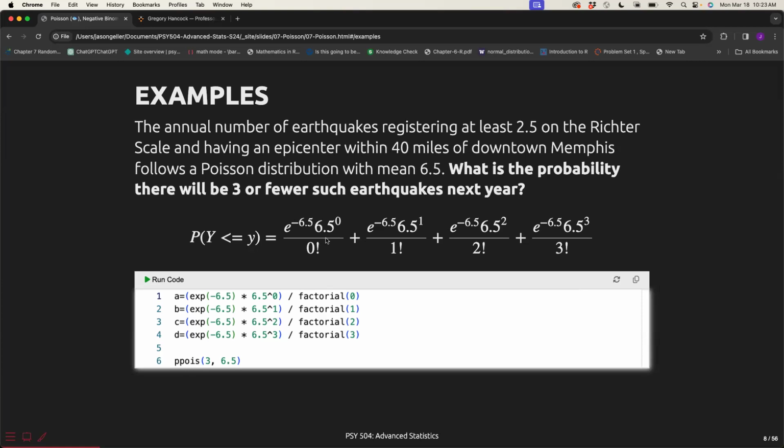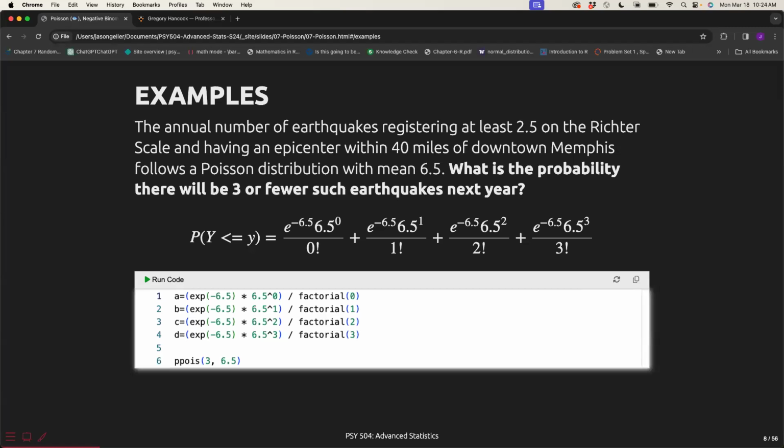Because we're looking at the cumulative probability, we need to estimate the probability for each event individually. So we need to figure out the probability of 0 earthquakes, 1 earthquake, 2 earthquakes, and 3 earthquakes. We need two pieces of information: the mean or lambda, in this case 6.5, and y, which would be the number of events here, so 0, 1, 2, or 3.